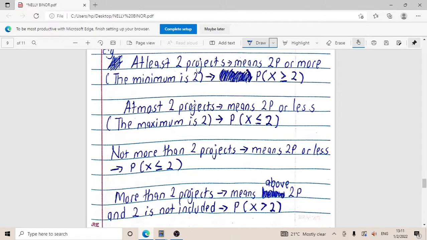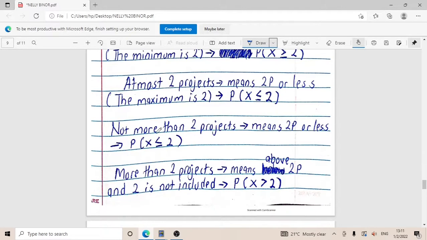So at most 2 projects means 2 projects or less. It means the maximum is 2, which is represented by probability of x less than or equal to 2. If in the question you're given not more than 2 projects, it means 2 projects or less, which is the same as probability x less than or equal to 2.